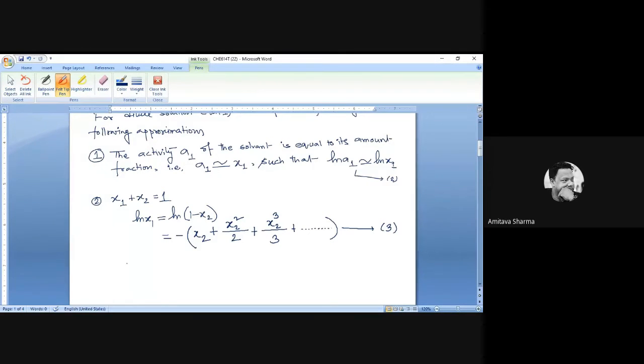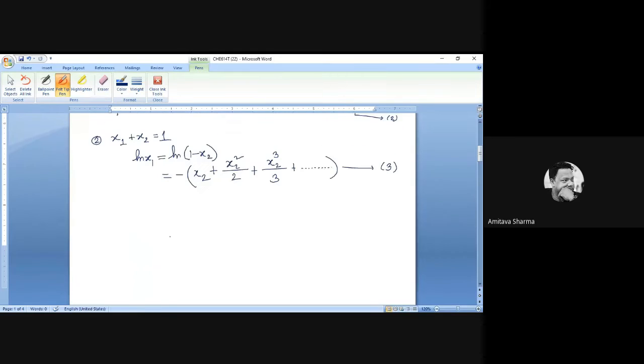So for dilute solution, from this approximation, where x2 is very small, we retain only the first term and neglect all the other terms.